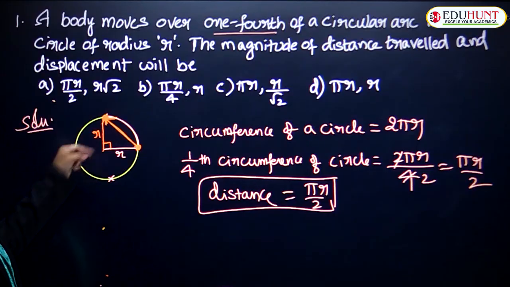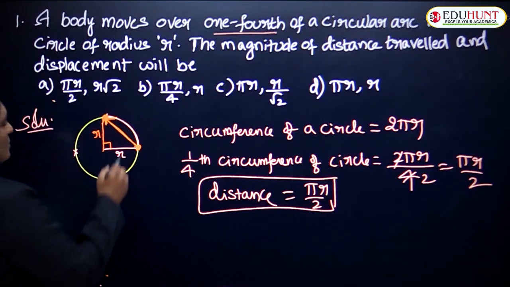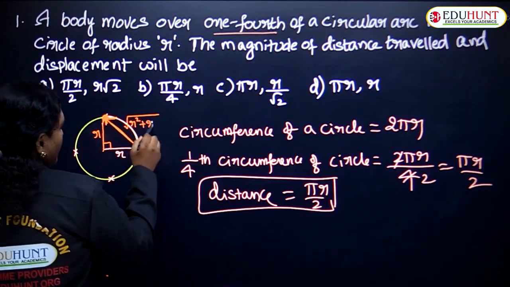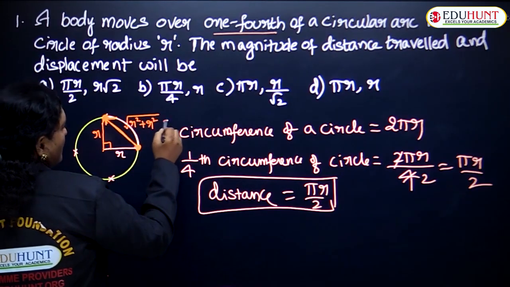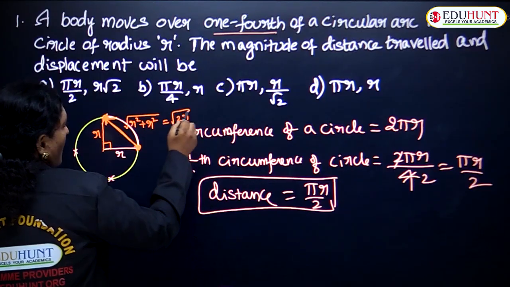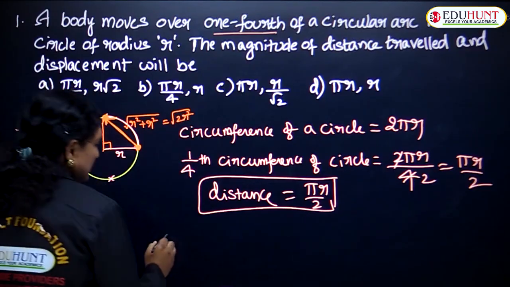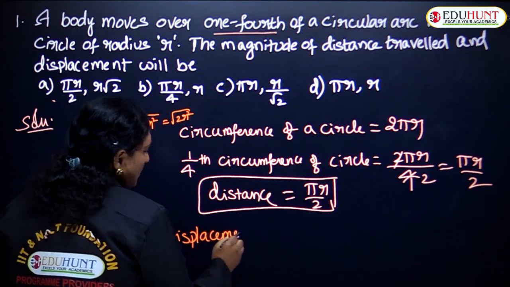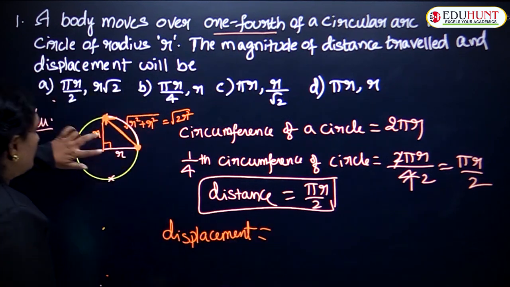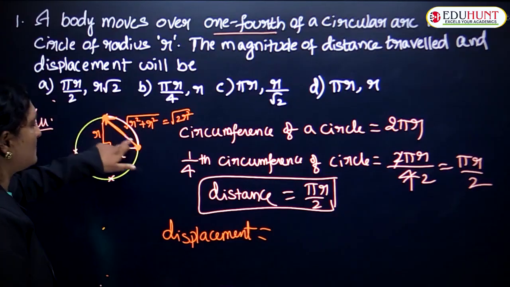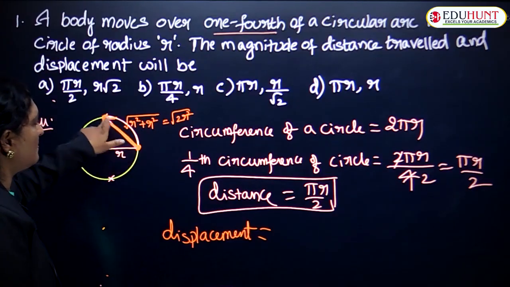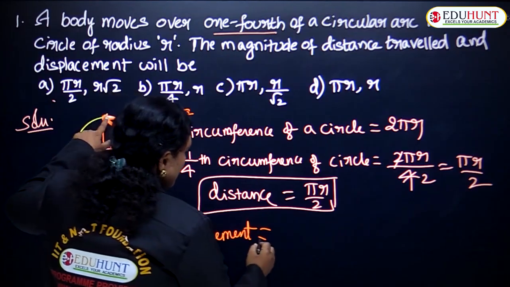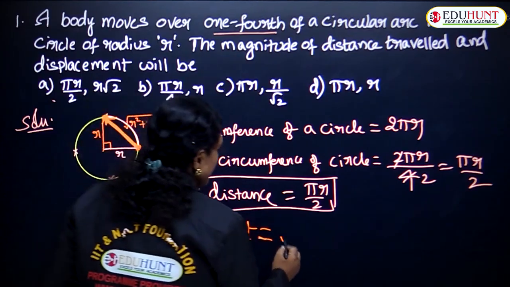Now observe the right angle triangle. One side is r, the other side is r. Then the hypotenuse would be root over side square plus side square. So how much is that, children? Root over 2r square. In this right angle triangle, the displacement is the line joining the initial position and final position, so this is nothing but the hypotenuse.